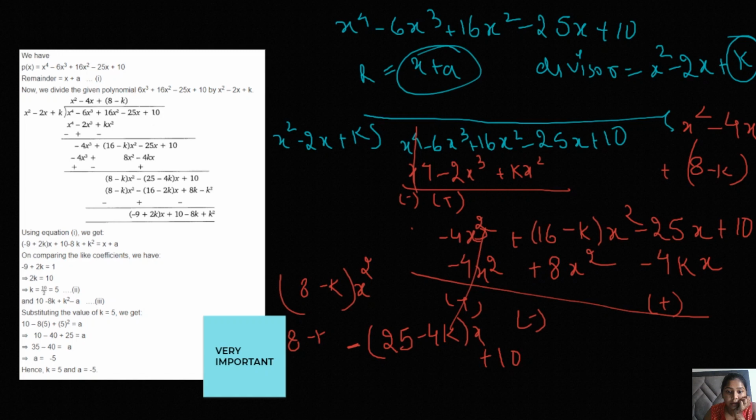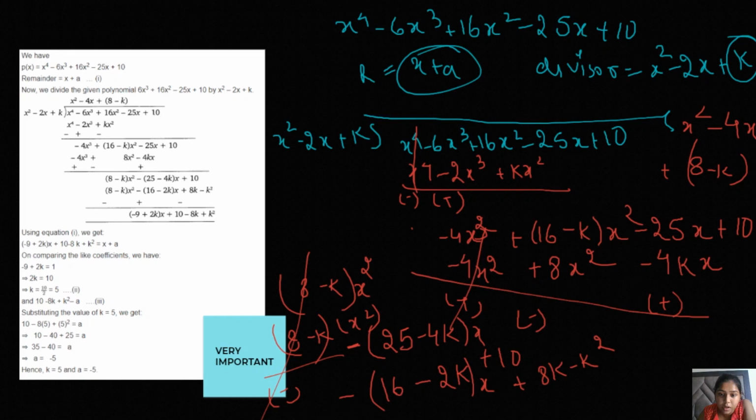Now multiply by this, you will be getting minus 16 plus 2k. So take minus common: (16 minus 2k)x. Okay, then just multiply by this, we will be getting 8k minus k². So we will be writing 8k minus k².